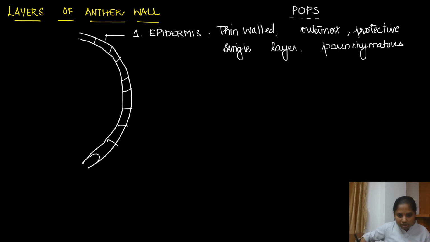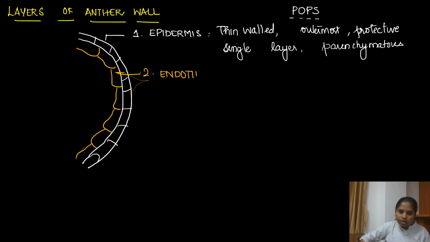Moving further, the second layer is called the endothecium. Now the inner walls of this endothecium have some thickenings.